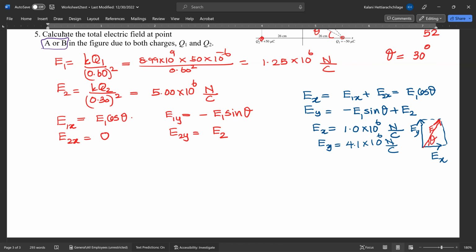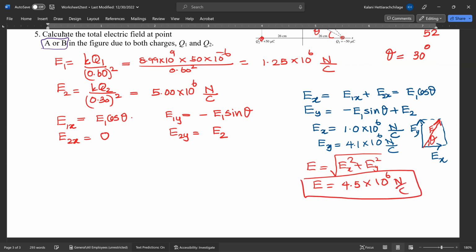So now you know that E is, by the Pythagorean theorem, the square root of Ex squared plus Ey squared. You can plug it in and find it out, and let me know if my answers are incorrect. I get E equal to 4.5 times 10 to the power 6 Newton over Coulomb.